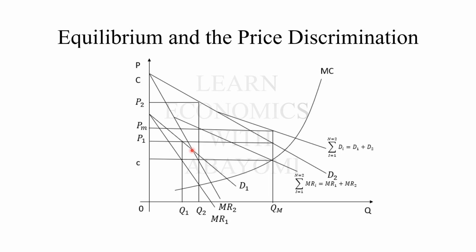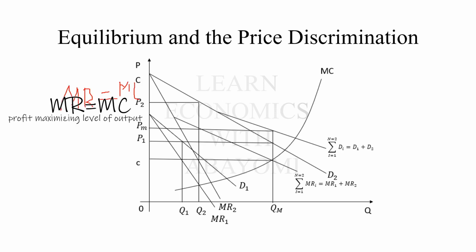The condition for profit maximization under either perfect competition or monopoly is that MR must be equal to MC. That is the profit maximizing output.